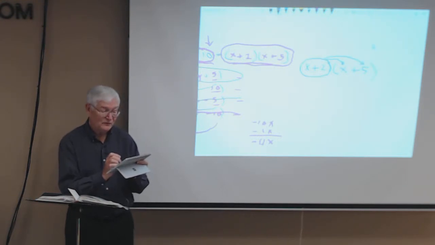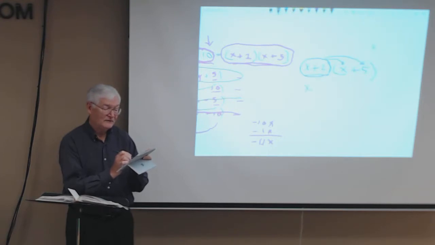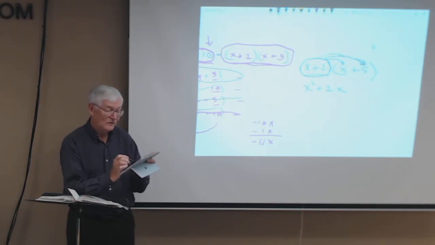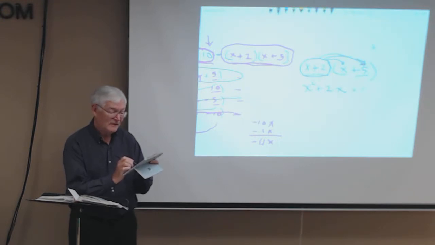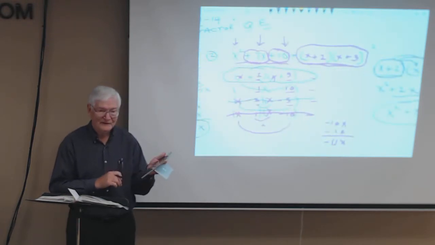What's x plus 2 times x? X squared plus 2x. Agreed? What's x plus 2 times 5? Plus 5x plus 10. Put the 2x and the 5x together and you get x squared plus 7x plus 10. Is that cool? That's the same thing we have written over there, isn't it?